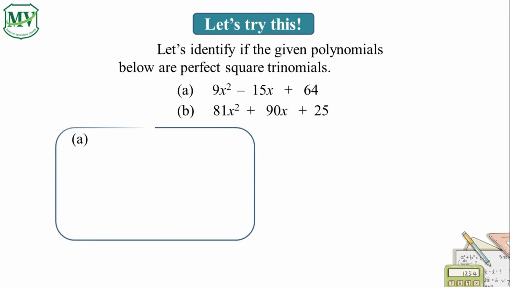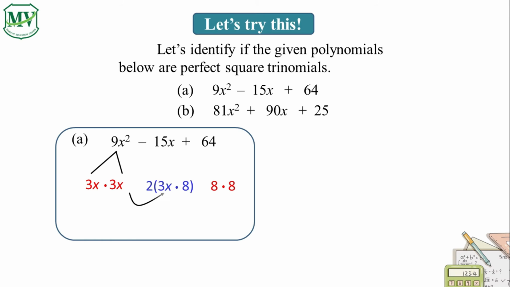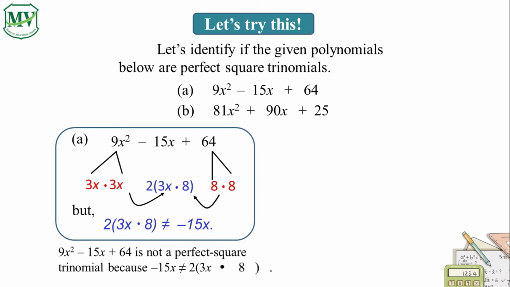Letter A. We can see that although the first and the last terms are perfect squares, the second term does not meet the condition. 9x squared minus 15x plus 64 is not a perfect square trinomial because the middle term is not equal to 2 times one factor of the first and the second term.